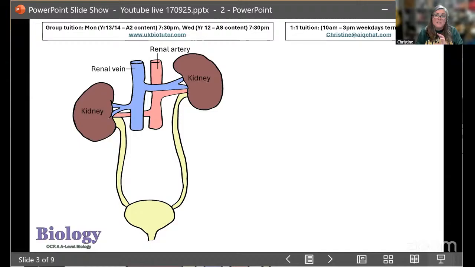Now, that's the opposite from when you're looking at the heart. So obviously, arteries take blood away from the heart, and veins bring blood into the heart. But if we're looking at the other organs within the body, it's the opposite way around. So the artery is going to be feeding the blood into the kidneys, and the veins will be bringing the deoxygenated blood away.